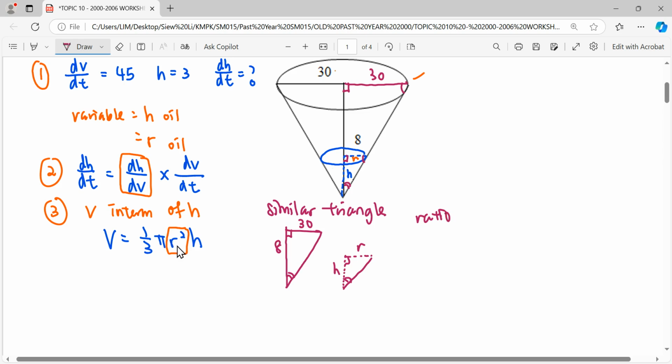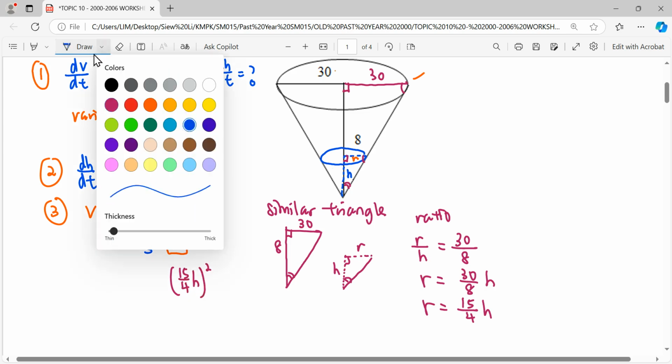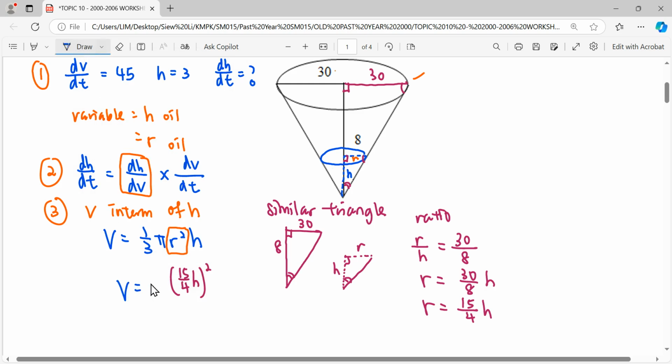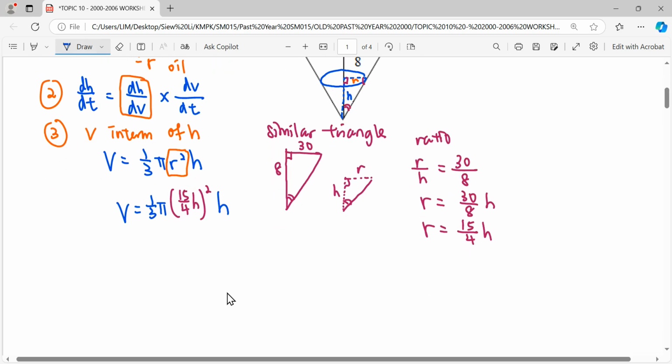So to substitute r, r to h is equal to 30 to 8. So r will be 30 over 8 h. Simplify this, we get 15 over 4 h. So we can substitute 15/4 h squared to represent r squared.